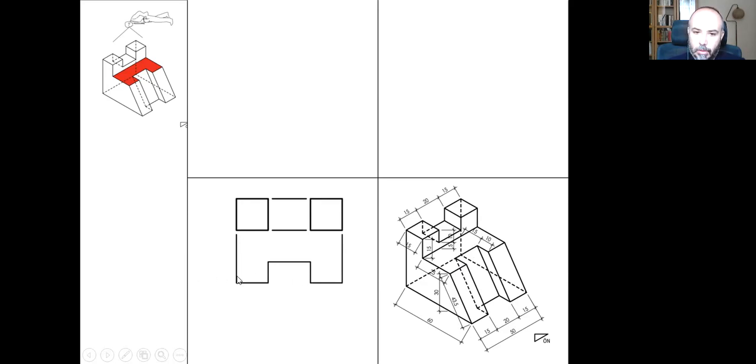So I can start drawing a 25 millimeter line here, and then turn right and draw a 15 millimeter line, turn this direction and draw a 10 millimeter line to indicate this inner part here, and I can go for 20 millimeter more, again 10 millimeter, 15 millimeter, and 25 millimeter.